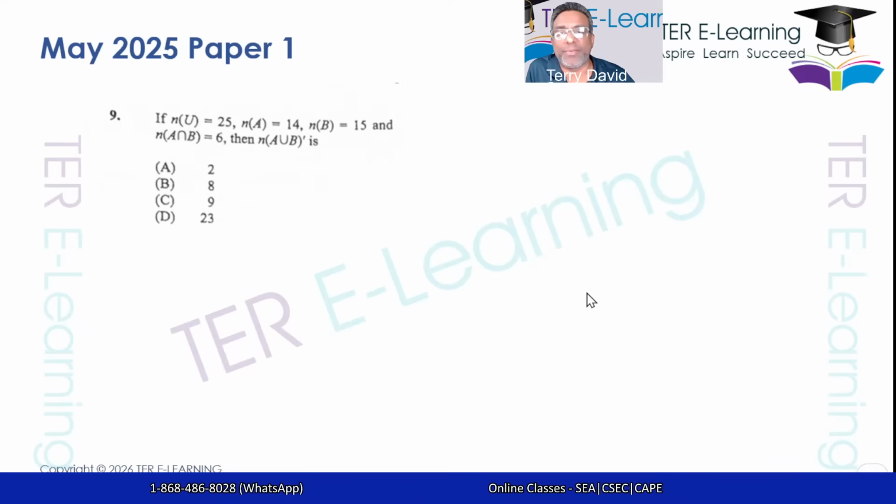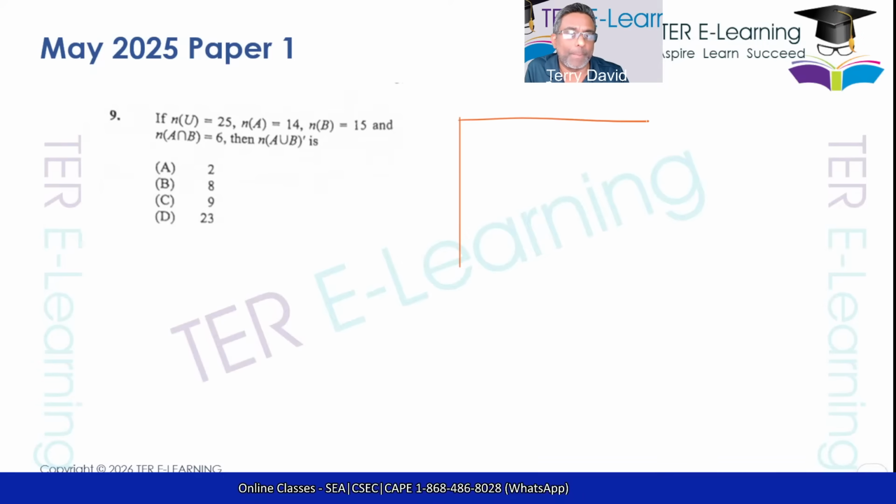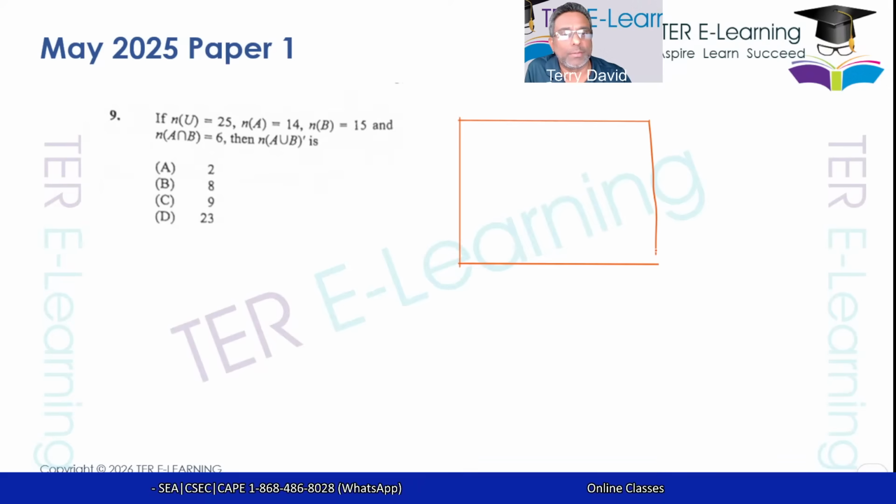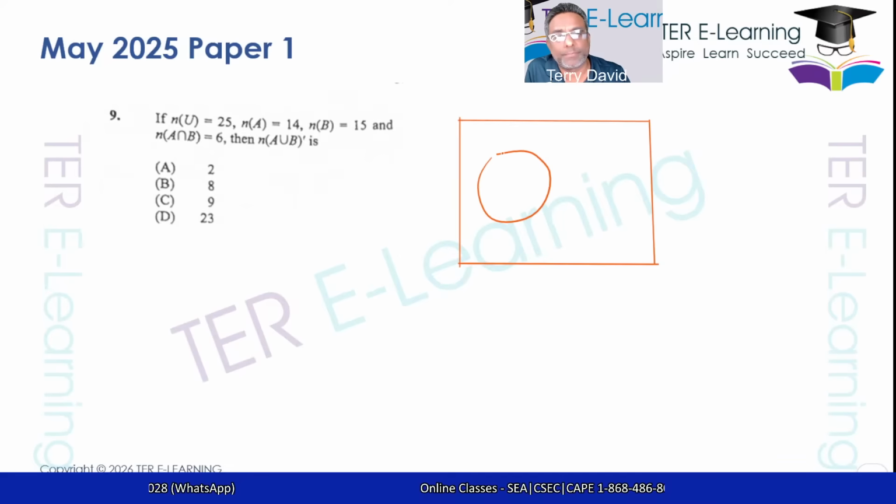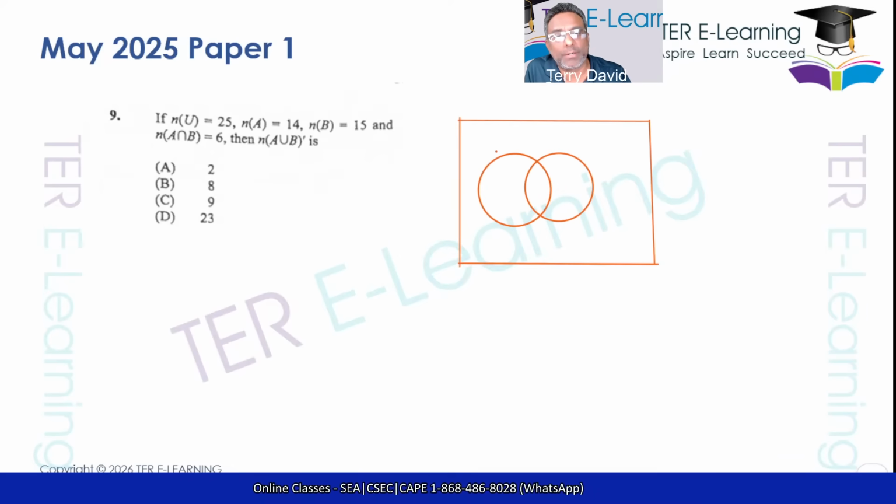All right, so what we have here is a universal set. Let's draw a diagram for a set here. We have A, we have B. The universal set is 25.